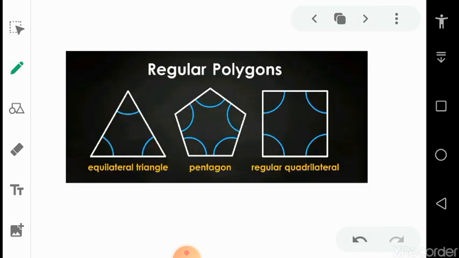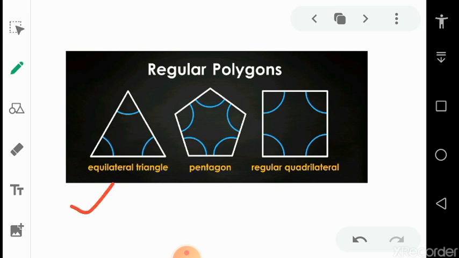Regular polygons. As in the definition, they are closed figures. Here you can see three geometrical figures, all are closed. Second, they are made by straight lines, and you can see all these are made by straight lines. And next, all the sides are equal in length and all the angles are equal in measurement. Now see the first figure.